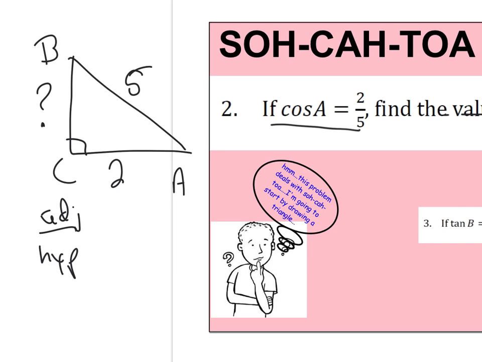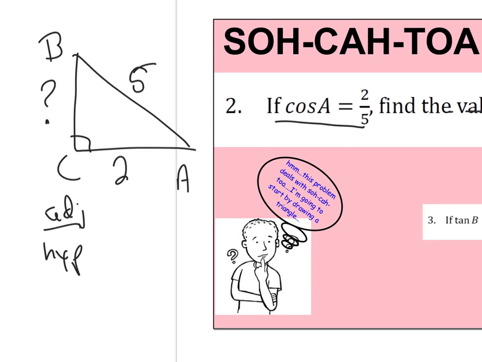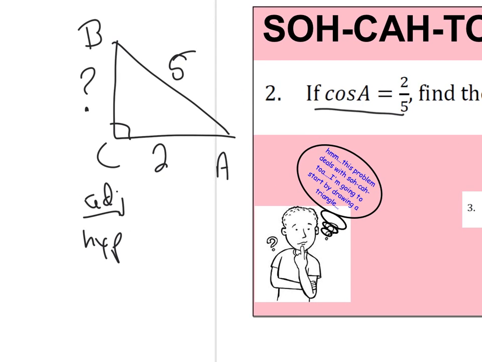How can I figure out this side? Good old Pythagorean theorem always works. That gives 4.582, so that's that length right there.